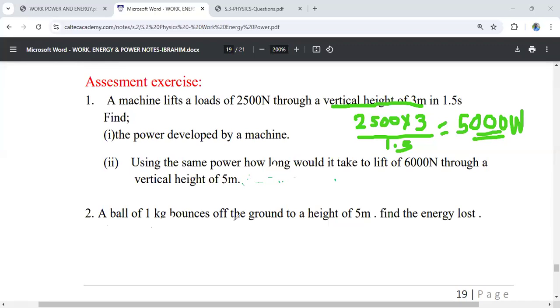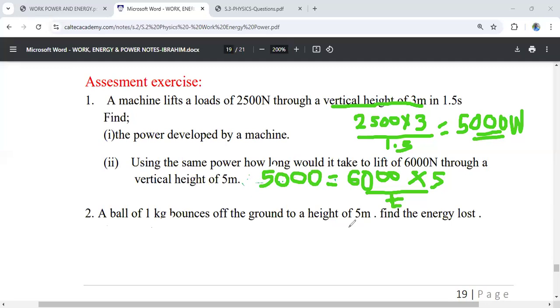Now we have the same power, and our power is the 5,000. And they are telling us that now the force has become 6,000. The distance is 5 meters, but we don't know the time.